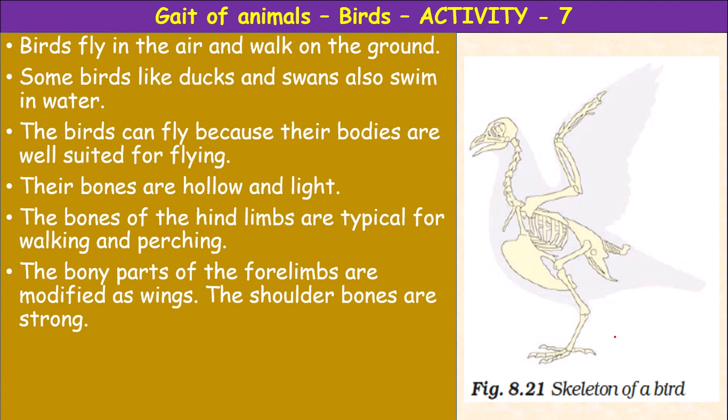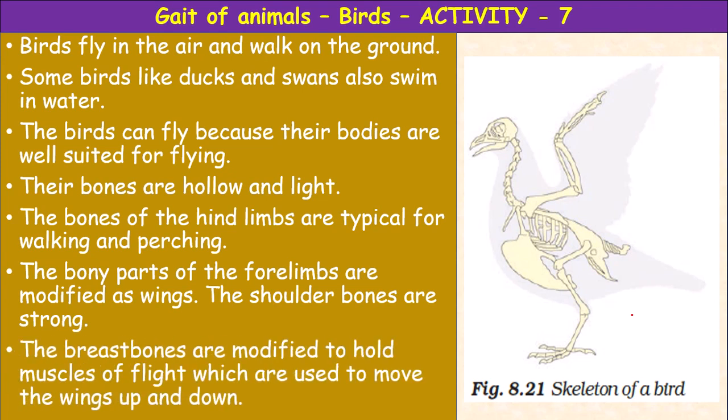The bony parts of the forelimbs are modified as wings. Forelimbs are modified into wings in the birds. The shoulder bones are strong enough. The breast bones are modified to hold muscles of flight. Flight muscles are present in the birds, which are used to move the wings up and down.